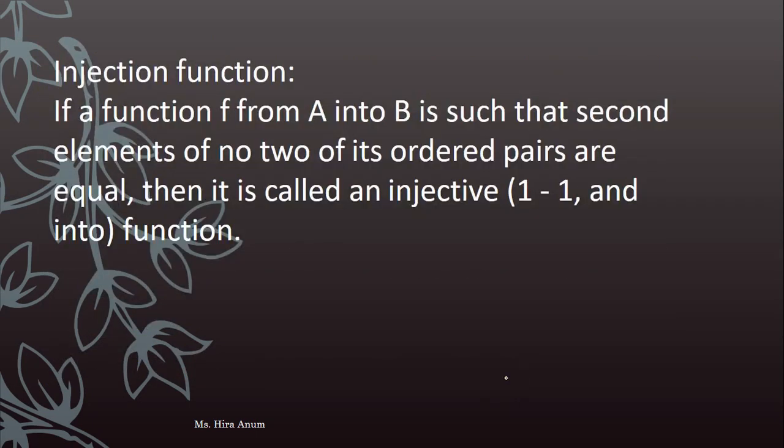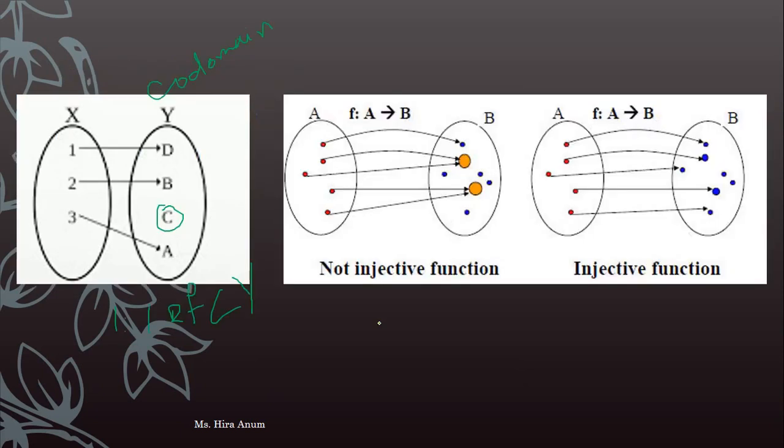Injective function. In an injective function, we combine one-one function and into function. You can see this is the condition. Range is a subset of the Y set. This is the condition of into function and codomain.